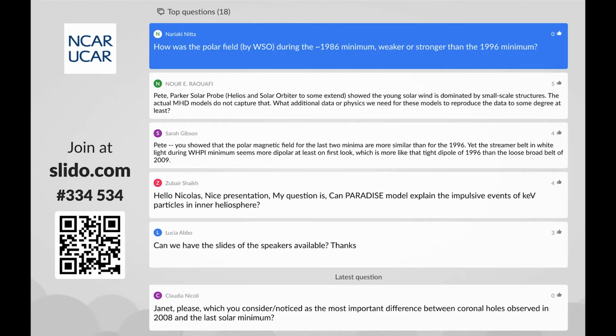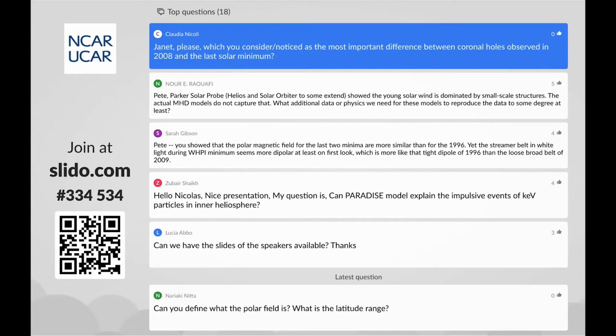And then the streamers, when we can compare them with observations, which is difficult in its own right, tend to be a little bit more consistent with the observations. So did that address your two main comments?